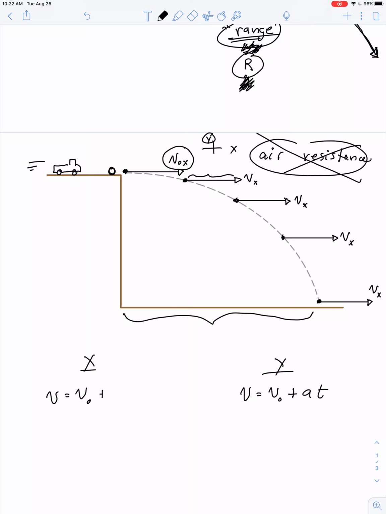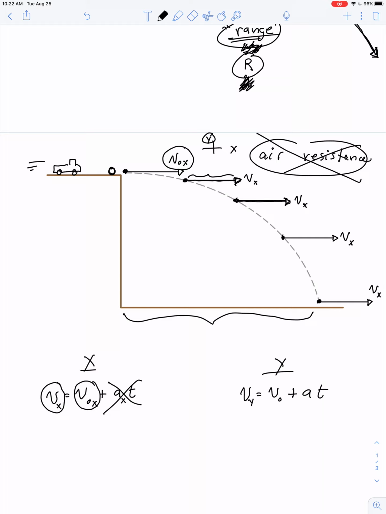Now the difference here is that the horizontal speed at any given point is equal to the initial horizontal speed plus horizontal acceleration times time. But there is no horizontal acceleration, and so the final horizontal velocity at any instant equals the initial horizontal velocity. That's what I mean by drawing all these vectors repeatedly of the same length.